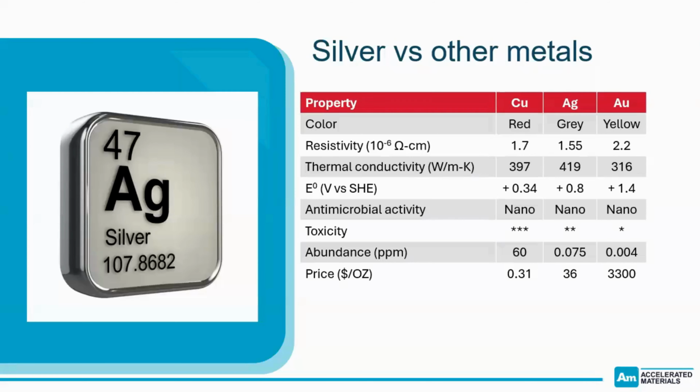And what actually makes silver unique? What are the properties of those metals in comparison with others? For example, if you look at the row of copper, silver, and gold, you can see that the colors are different. The copper is red, silver is gray metallic, and the gold is yellow.